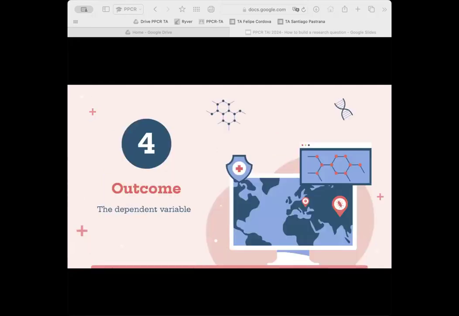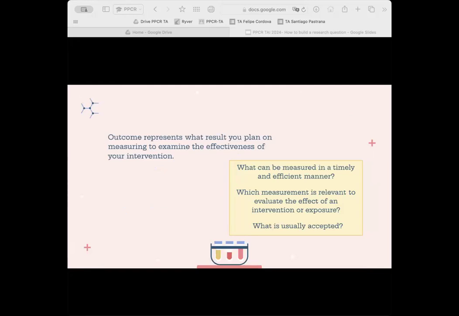Then comes the outcome. The outcome is the dependent variable. The outcome represents what result you plan on measuring to examine the effectiveness of your intervention. Here you have to keep in mind several points: what can be measured in a timely and efficient manner, which measurement is relevant to evaluate the effect of an exposure, and what is usually accepted in your field.